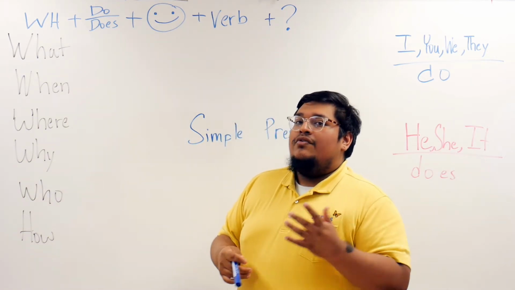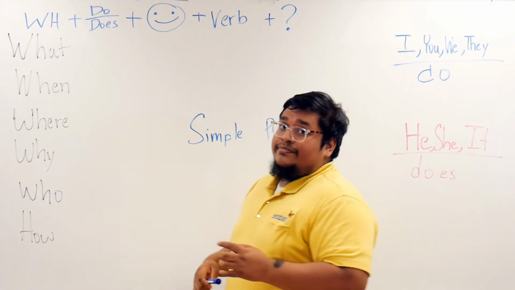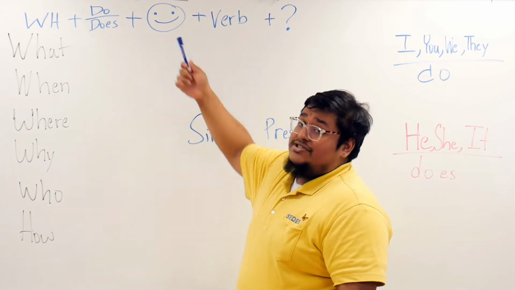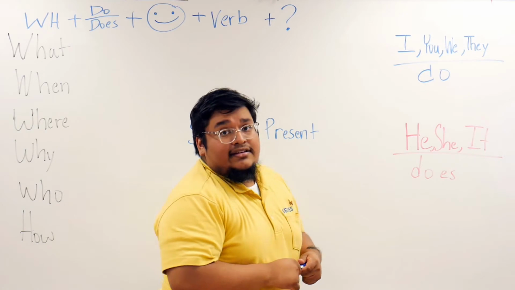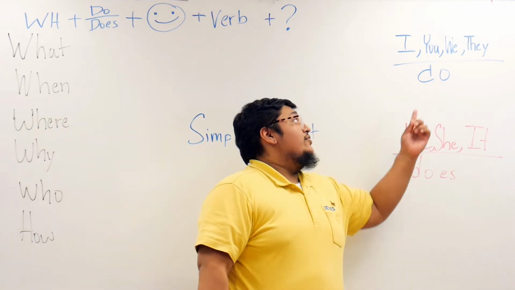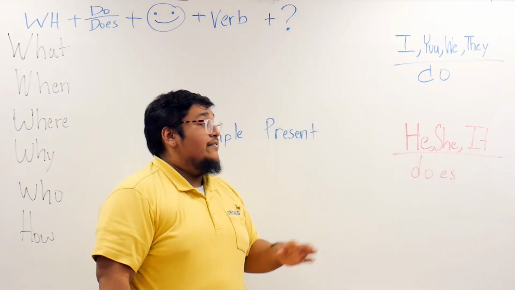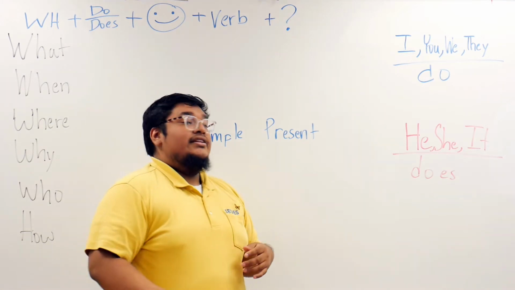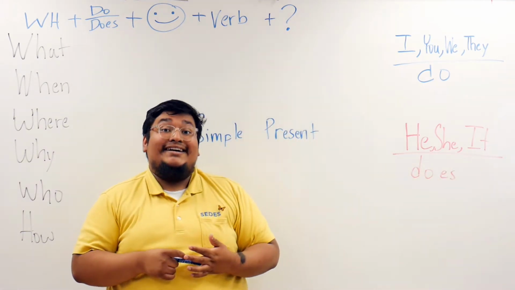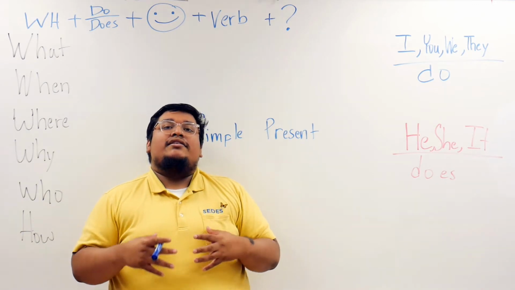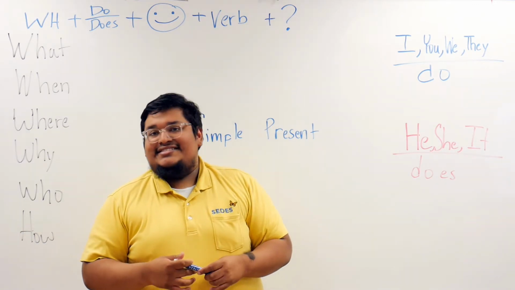Now, how do you know which one you're going to use? Well, it all depends on the subject or the person that you're speaking about. If you're speaking in I, you, we, or they, then you have to use the word do. If you are using the third person, he, she, it, then you have to use the word does. So just keep that in mind when you're going to start building your sentences.